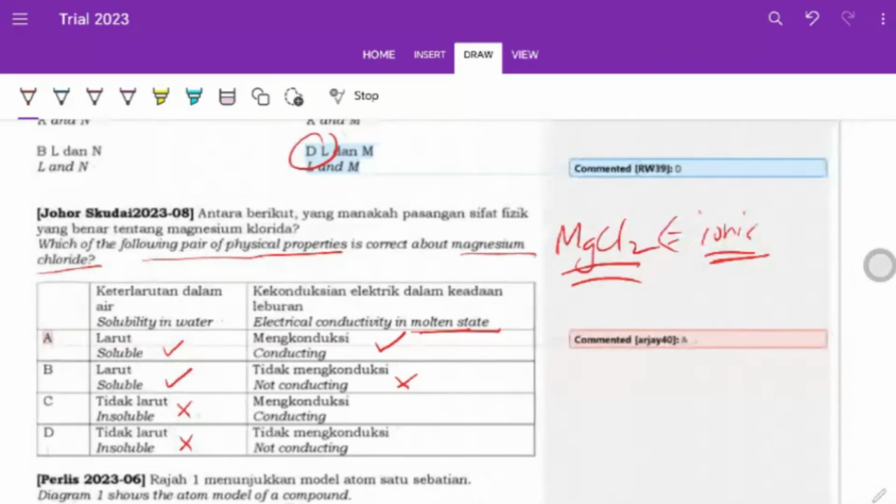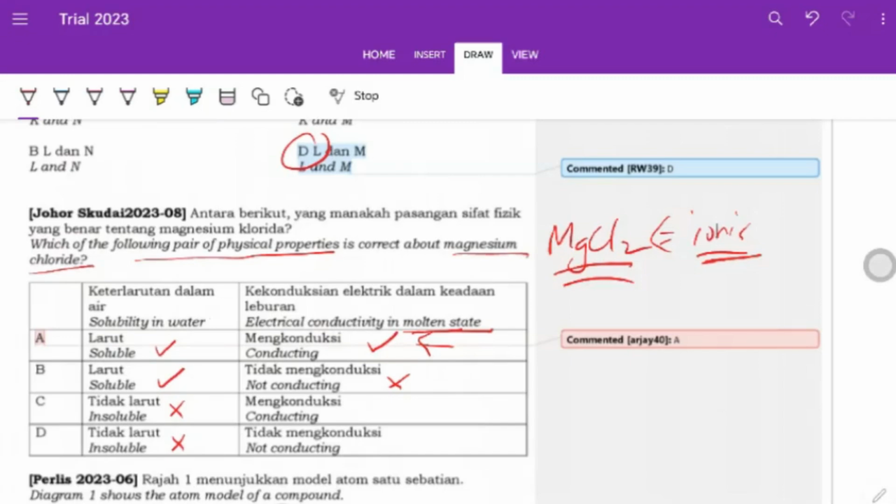Why can it conduct electricity, class? I hope you remember the reason. The three words: it has freely moving ions.